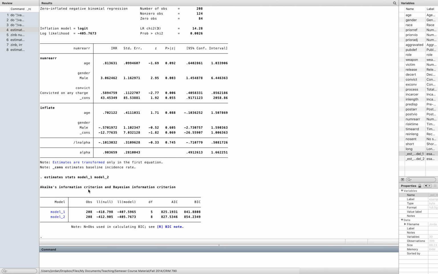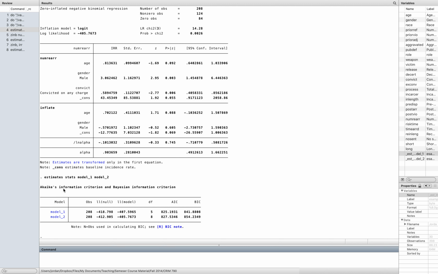And I always pronounce it wrong. It's AIC and BIC, the Akaike information criterion and the Bayesian information criterion. These are really tests of model fit. So what this tells you is, based on the first model, LL stands for log likelihood, there's the null model, meaning nothing in the model, and the model, meaning all the predictors that you put in there, and it's giving you the AIC and BIC.